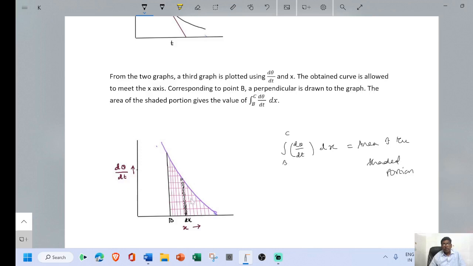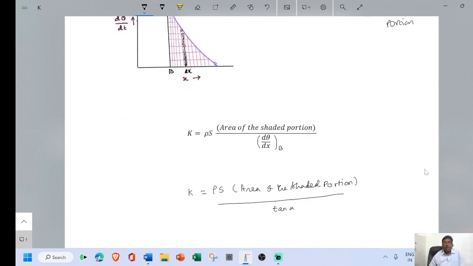This is the total area, and this area corresponds to dx. Then the total area represents the integral of d theta by dt into dx, limit varying from b to c.